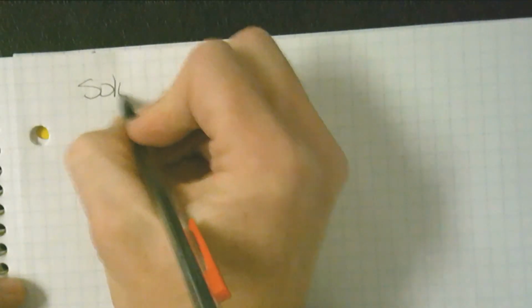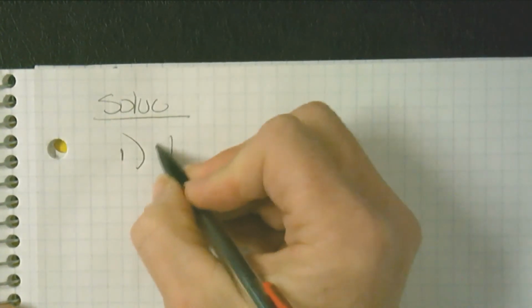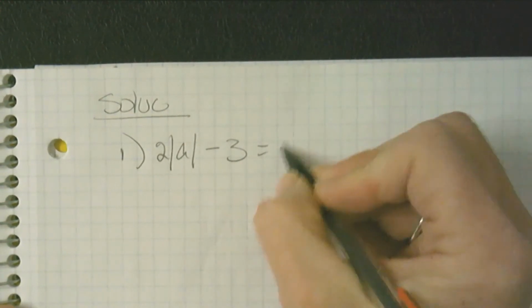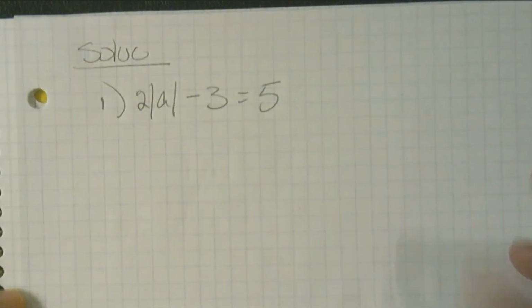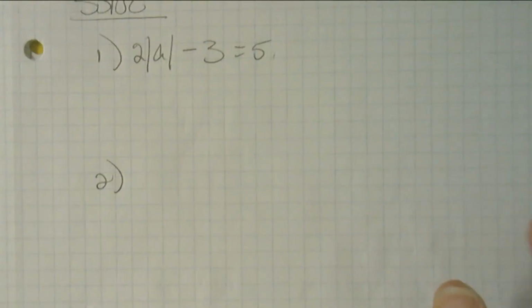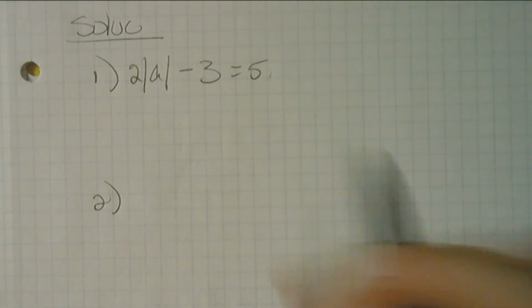Okay, so I want you guys to solve, okay, how about 2 times the absolute value of a minus 3 is equal to 5? There's my first one. Go ahead and get going. I'm going to put a couple more of them up.